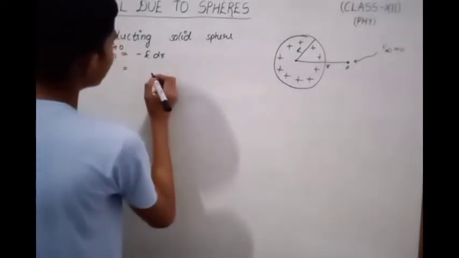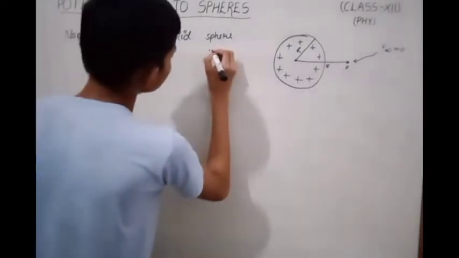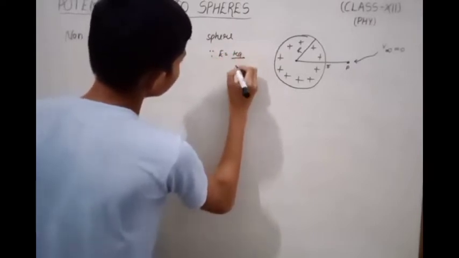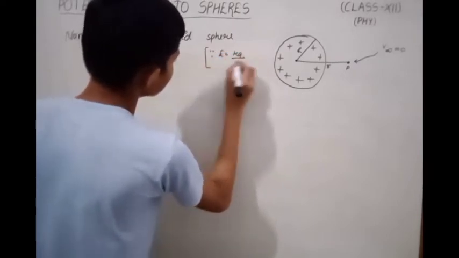And the formula for the electric field is kq divided by r square.